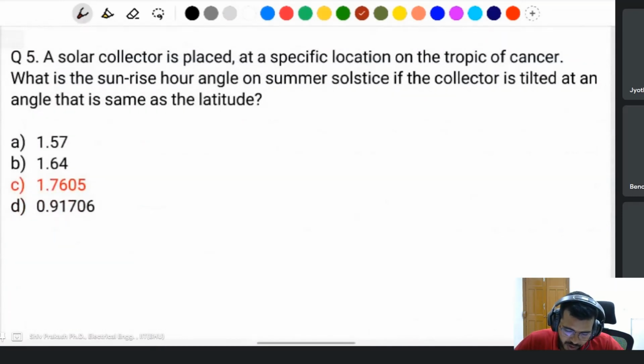Next question: a solar collector is placed at a specific location on the Tropic of Cancer. What is the sunrise hour angle on the summer solstice, if the collector is tilted at an angle that is the same as the latitude angle?